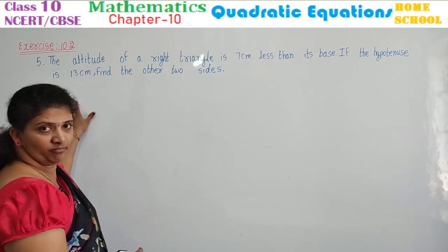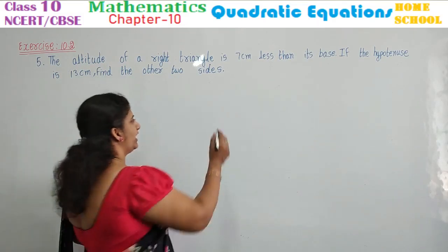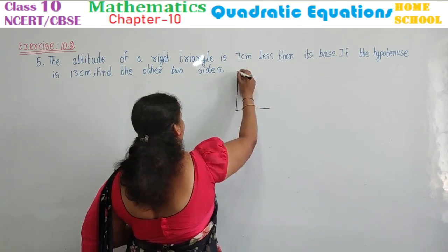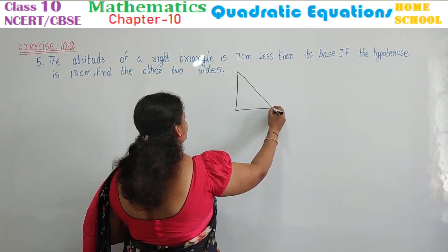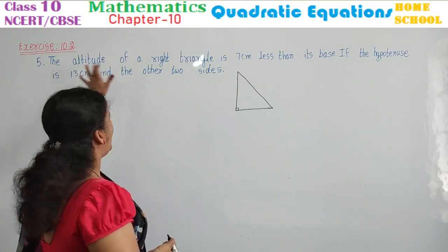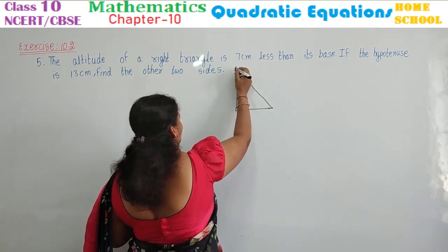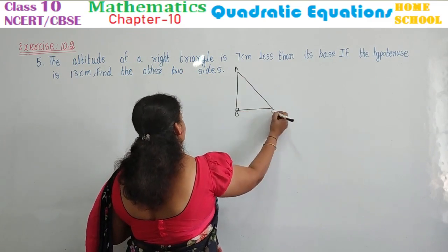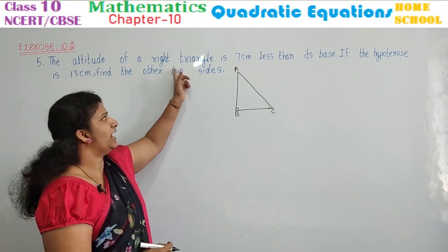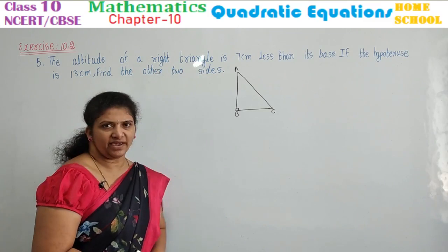The fifth problem: the altitude of a right triangle. Okay, let me draw a right triangle here. What do you mean by right? Right angled. Right triangle. Okay. The altitude means what? Height. A, B, C. Let AB be the altitude. The altitude is 7 centimeters less than its base.